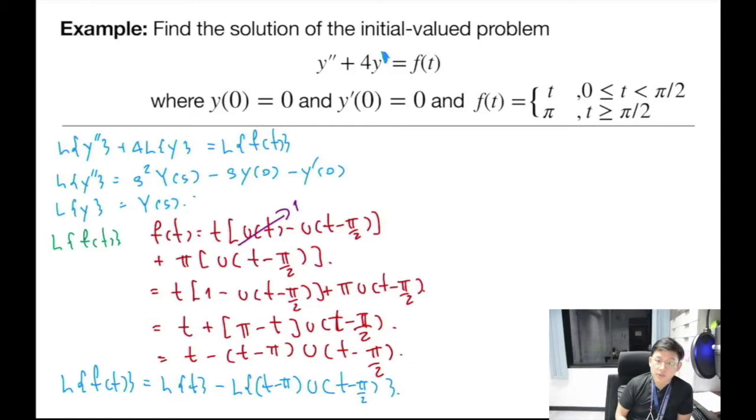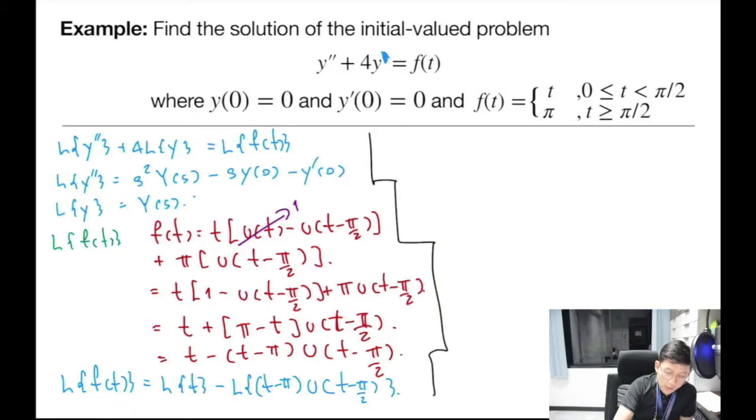To do that, I will write down this part, which I call the function f bar (t minus pi). I can write this in terms of f(t minus half pi), which would be t minus pi, but t minus pi can be written as t minus half pi minus half pi.